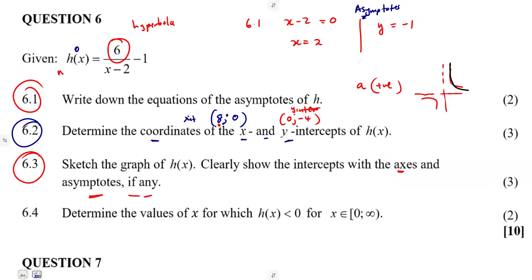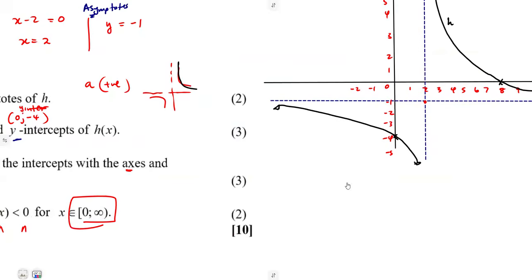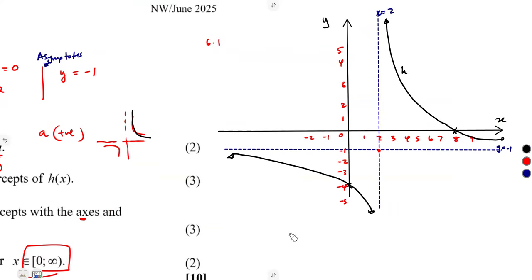From there, you are being asked to determine the values of x for which h(x) is less than 0, and x is taken from 0 to infinity. That's our 6.4 from that graph. Take note of the interval that we are given, from 0 up to +infinity. That's where our x has to be taken from.